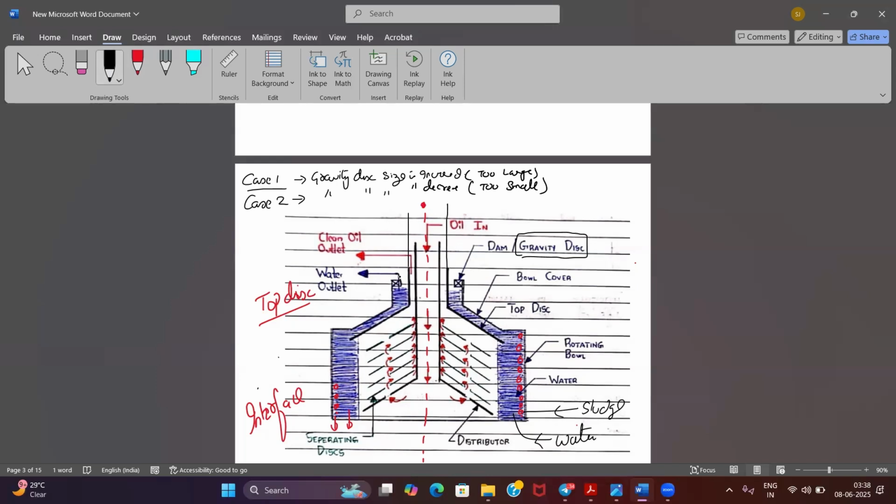And from the edge of this gravity disk is one more line, that is my water outlet line. Okay. So the distance from the center to the water outlet line is known as H.